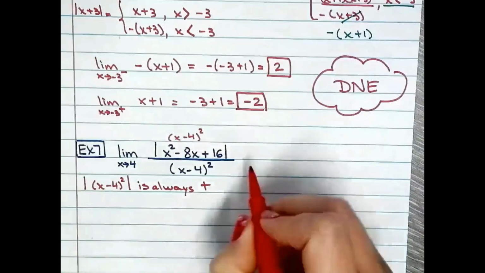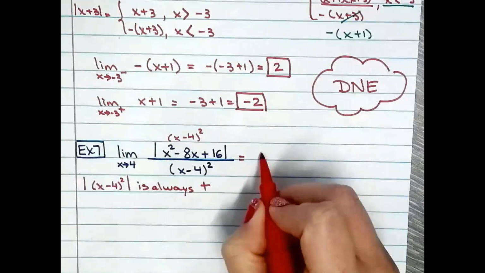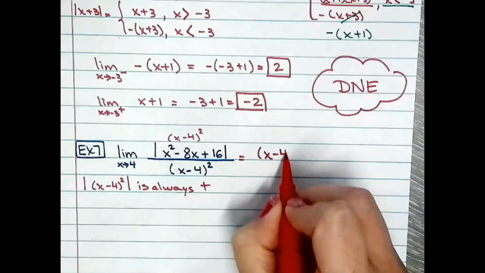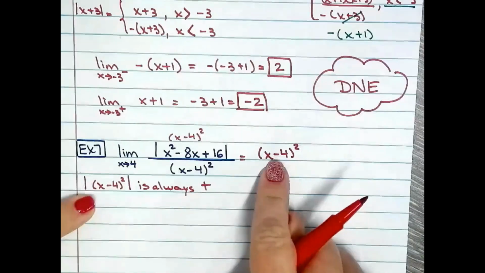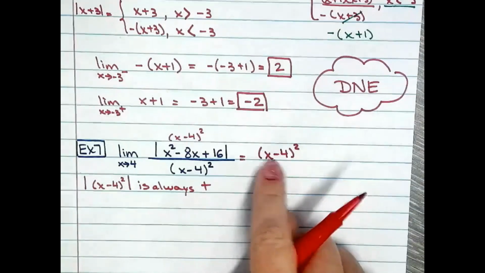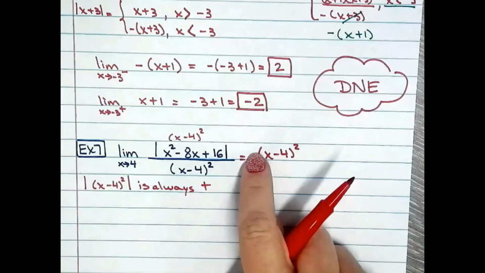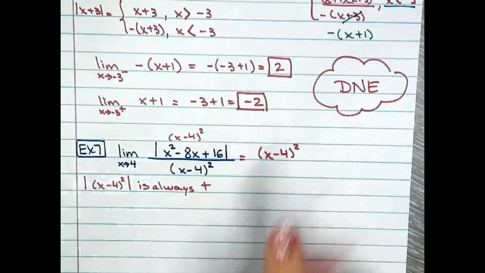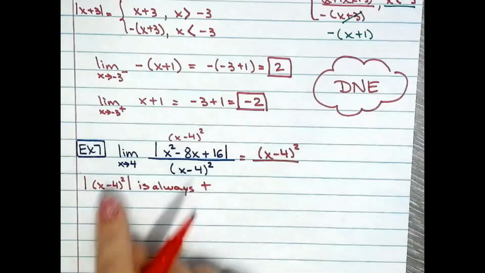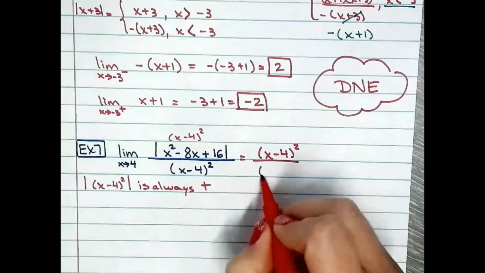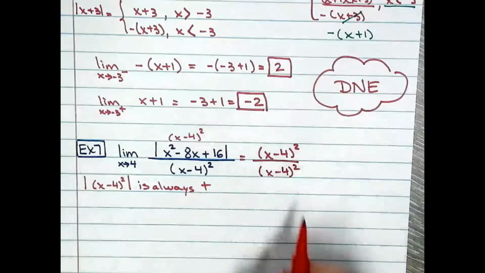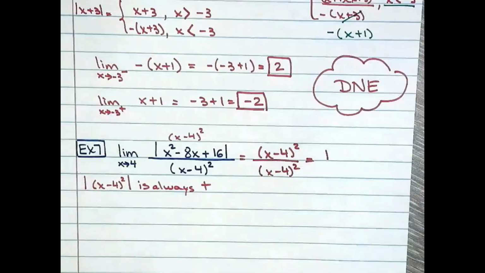So therefore, I can just simplify this one down to x minus 4 squared, because I know this is always going to be positive. So there's no reason for me to open that one is positive, one is negative. Don't worry about it because this is always positive. So when you simplify that, that equals 1.